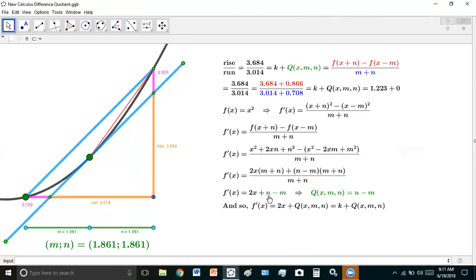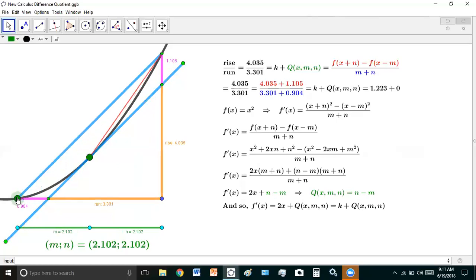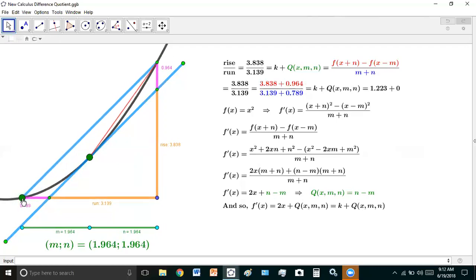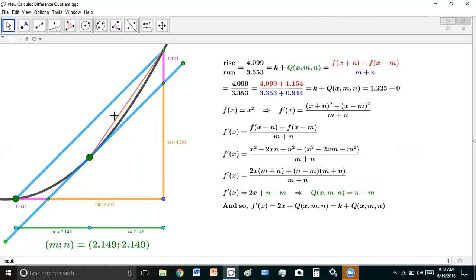But always this expression will be equal to 0. And it's easy to see from this diagram. It doesn't matter what this function is, as long as it's continuous and smooth, there's going to be a tangent line there, and there's going to be a parallel secant line.